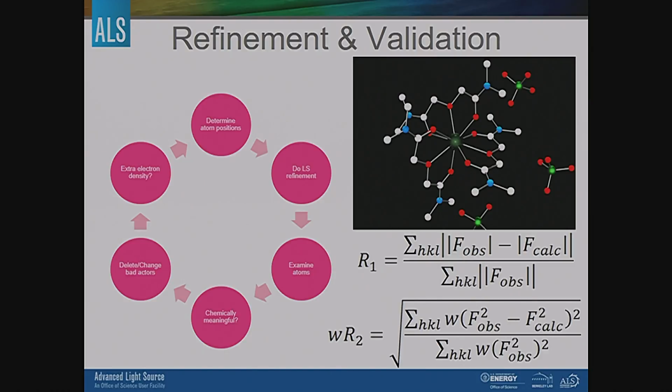The weighted R2 throws in a weighting term that basically downweights the weaker reflections. So it's usually a bigger number, but it's actually a better indicator of quality. I don't care so much about a small R1 if your wR2 is ginormous. It says a lot: that you have a lot of weak data, that you're pushing the boat out and maybe refining on some noise.